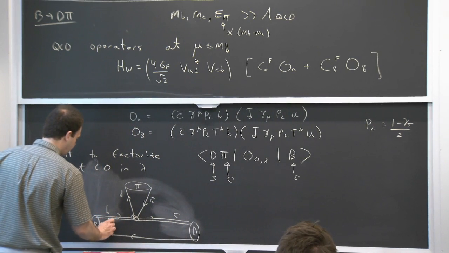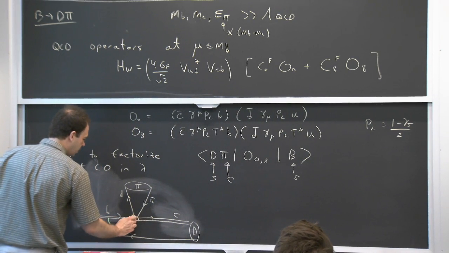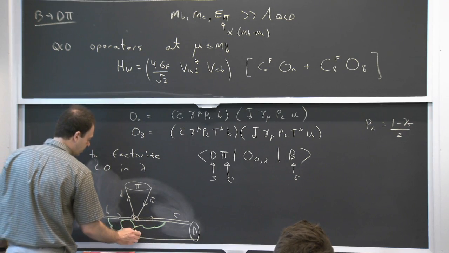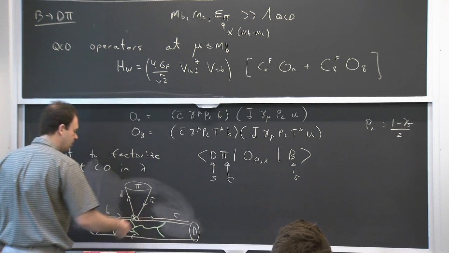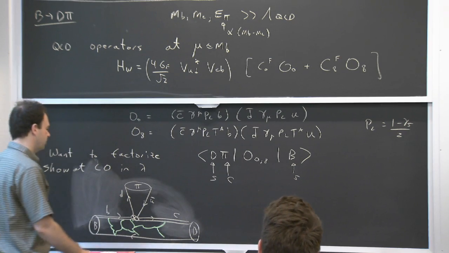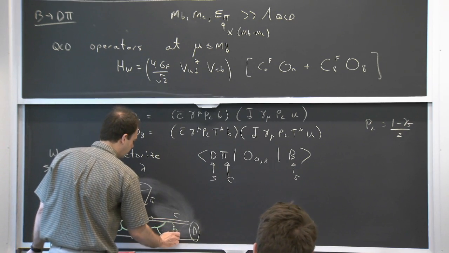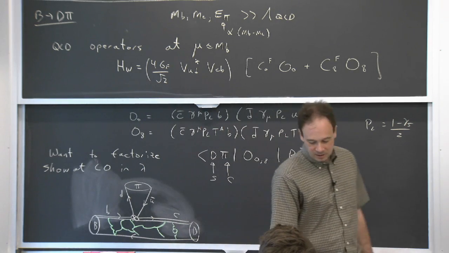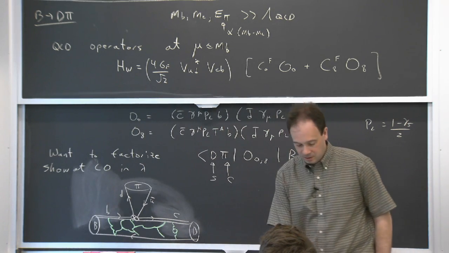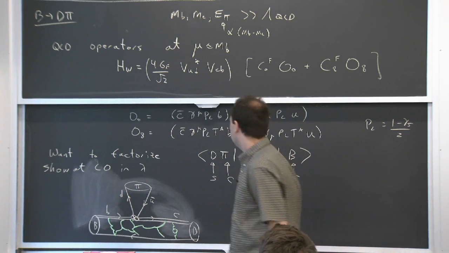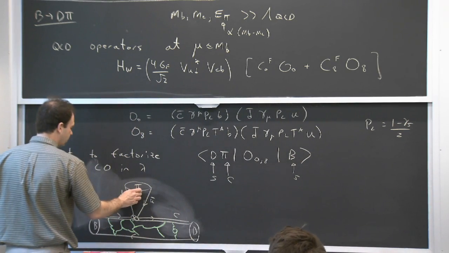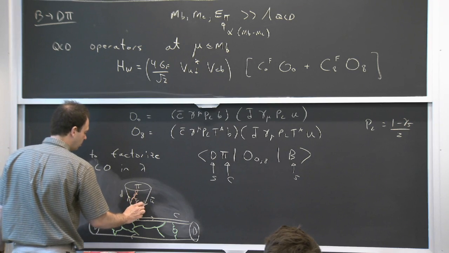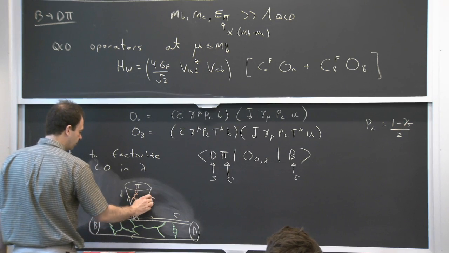We would have soft gluons here, and they could interact between things in the B and the D, because the B and the D are both soft. And we can also have vacuum polarization diagrams. And that is going to factorize from things in the pion, which are going to be collinear. So we have our collinear gluons and collinear quarks inside here, and maybe there's some Wilson lines too.